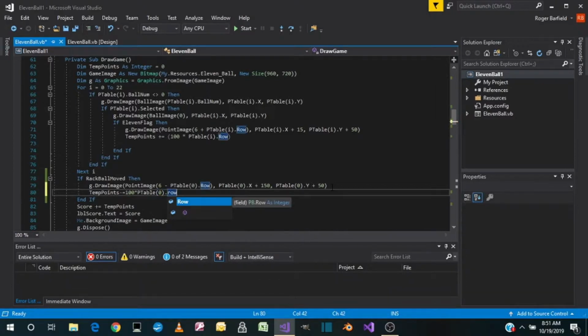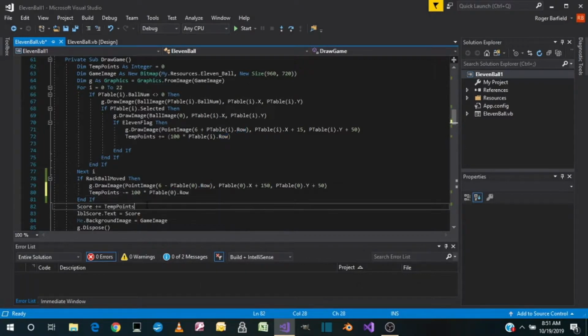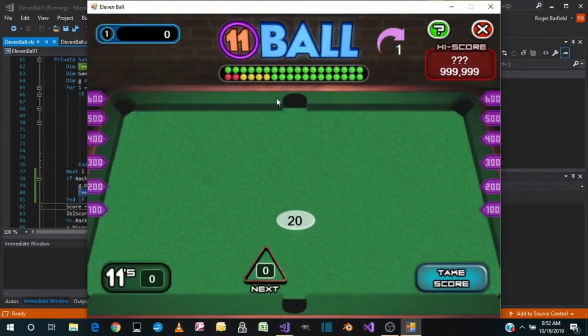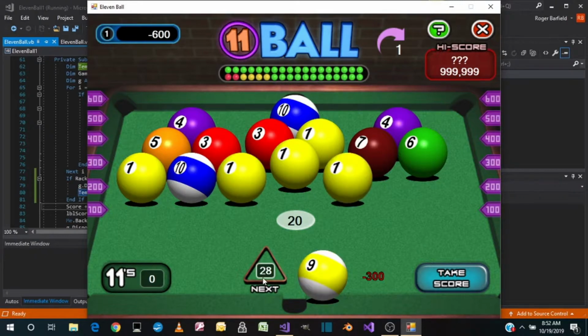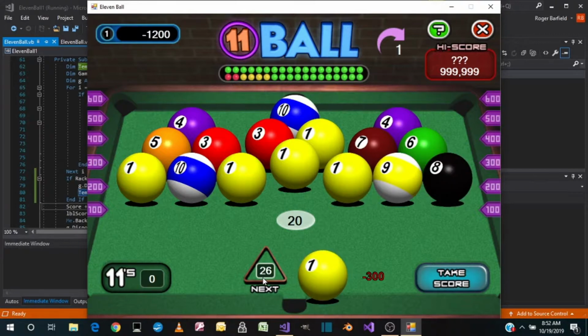And then we already had the score totaling it there, so let's give this a shot. Because to start with, they should be 300, 300, 300. So let's go. Minus 3, minus 6, minus 9, 12. These should be worth 200, so 1400.